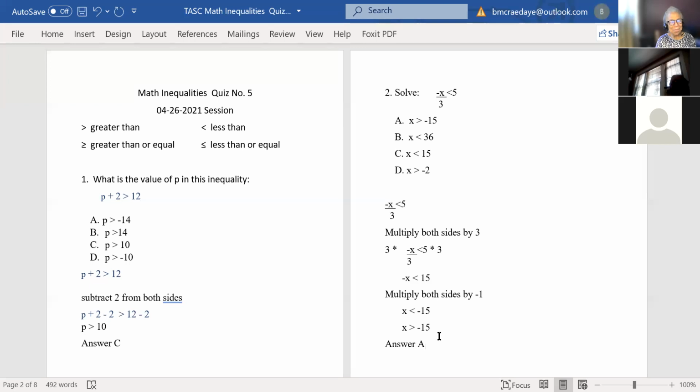Usually we reverse. No, you got it. You reverse the symbol. Multiply both sides by -1, and remember to reverse the inequality symbol.